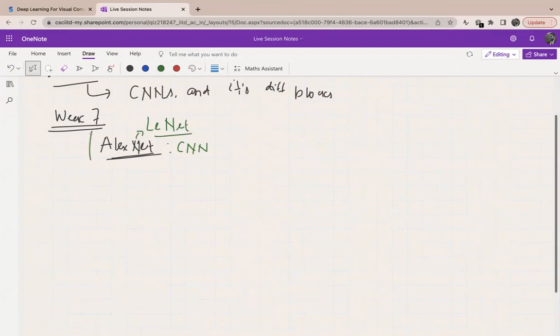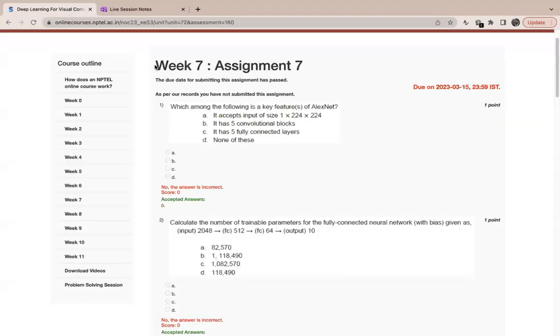AlexNet is a basic CNN proposed in 2012, I guess, and it reached the state of the art accuracy at that time. So the question is, which among the following is a key feature of AlexNet?